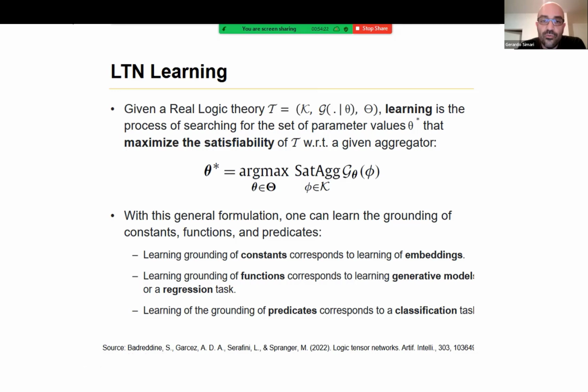So now that we have this general formulation in place, you can learn the grounding of constants, functions, and predicates. Learning the grounding of constants corresponds to learning of embeddings. The learning of functions corresponds to learning generative models or regressions, as I mentioned before, and predicates correspond to learning a classification task.